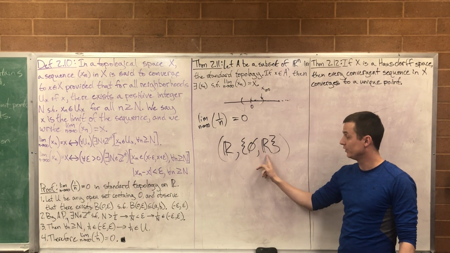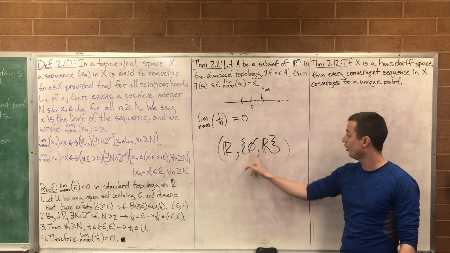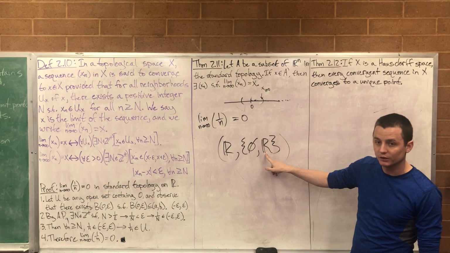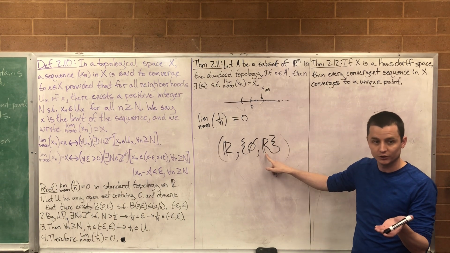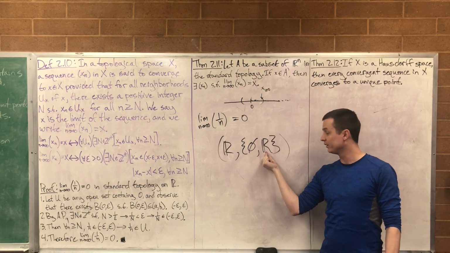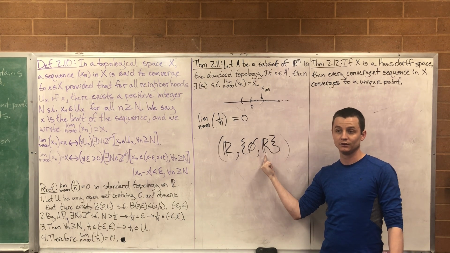Well, there are two open sets, but this is the only one that's going to be a neighborhood of any point. Pick any point you want, that's a real number. Here are all our open sets, therefore this is the only neighborhood of it.